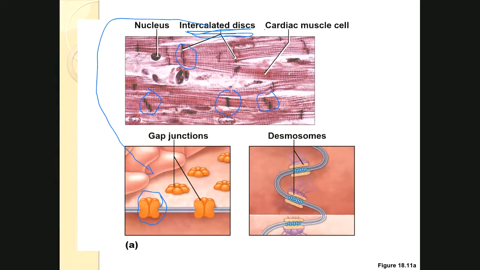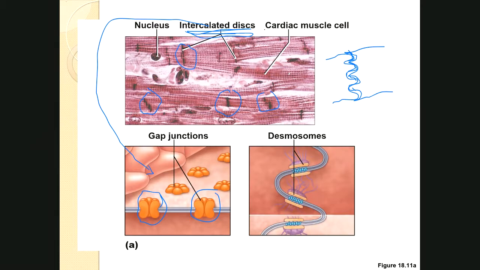Now, the reason it looks dark is because the membrane of one cell is folded up like this, and the membrane of the adjacent cell is folded up like this. And so this dark area shows up right here where you have all these foldings. That's the intercalated disc.